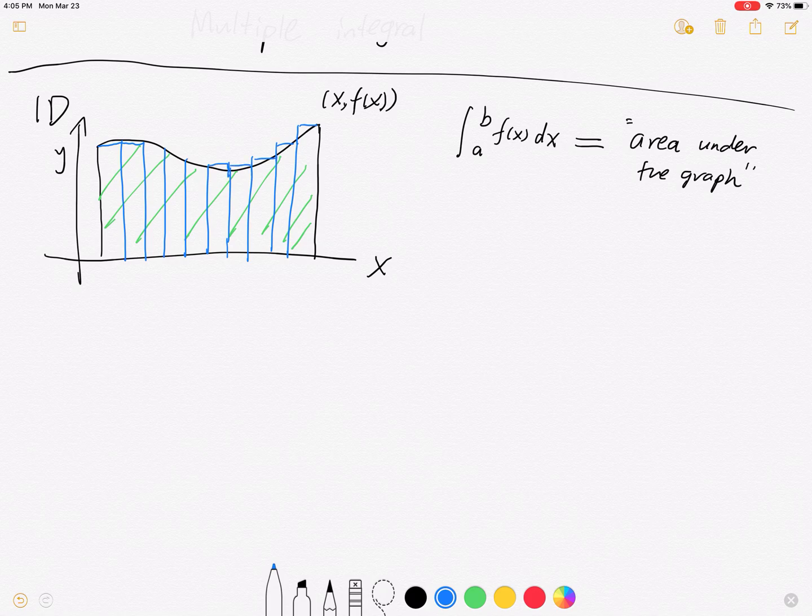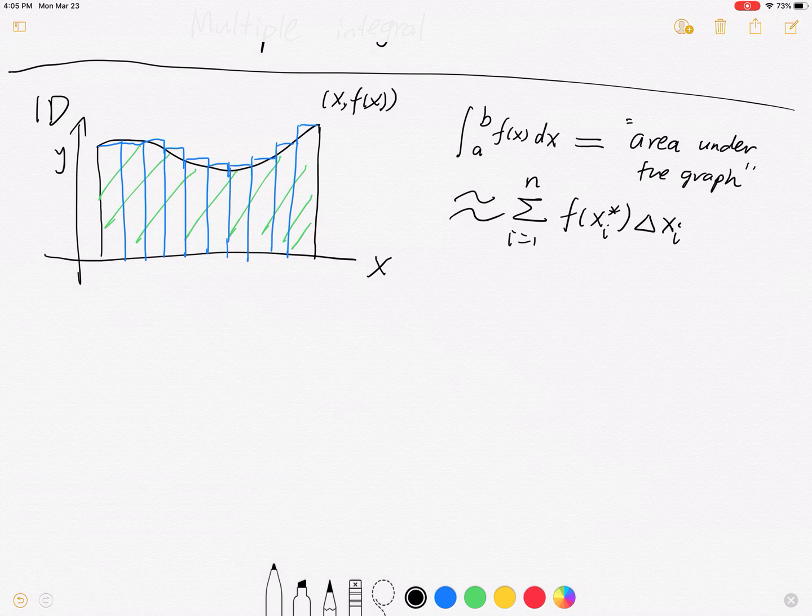This method was actually already known to the ancient Greeks, and so it approximately equals the summation of the Riemann sums.